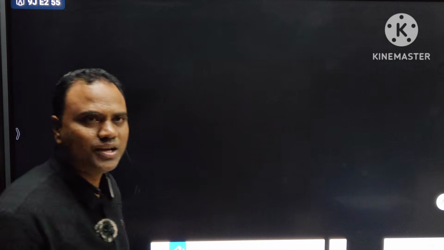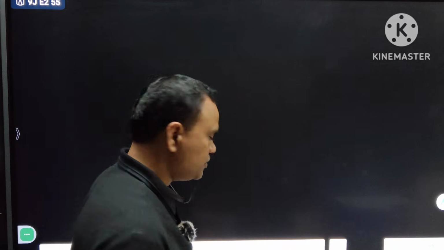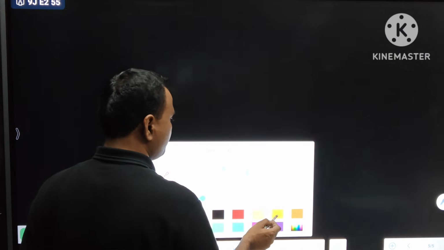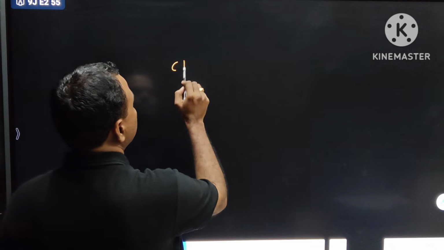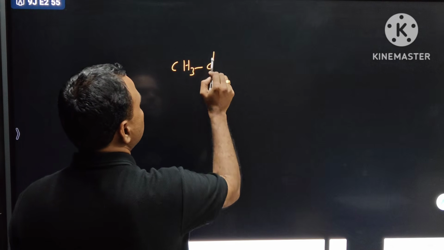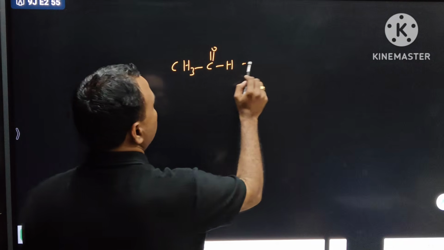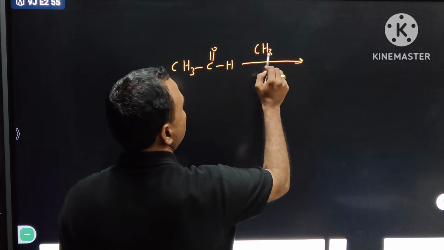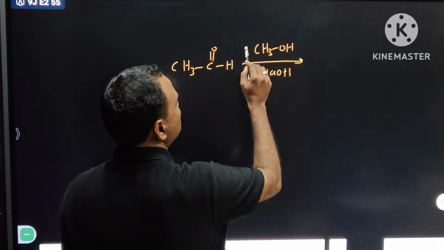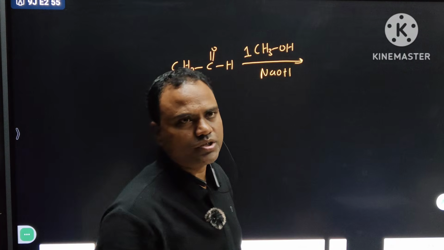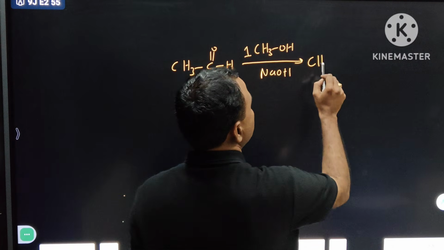Right. Let us add alcohol in basic medium. Addition in basic medium. In the presence of basic medium, only one alcohol molecule addition takes place. See, CH3, C double bond O. I am adding methanol, CH3OH, in basic medium, to produce hemiacetal.